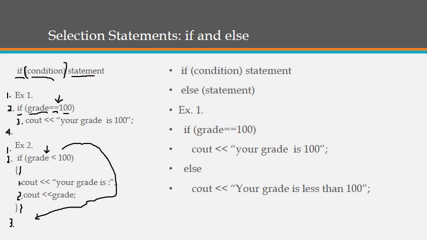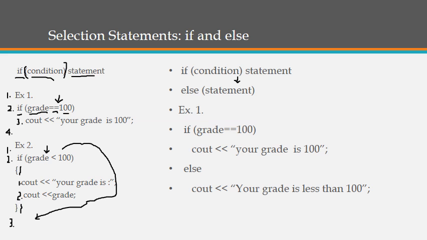But if a condition is not met, then there could be another condition which can be compared. This is where we have the if else. The if and else work together. So the syntax would be: if the condition is true, execute all the substatements within the if.